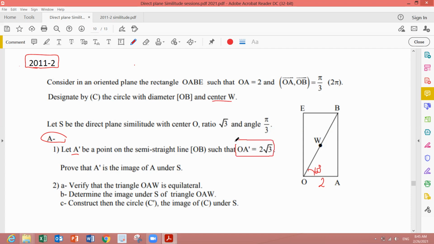وين بدها تكون ال A prime؟ فوق الاو، ما فينا نرسم تحت الاو. OA prime تقريبا هون. هيدا A prime. OA prime equal to radical 3.